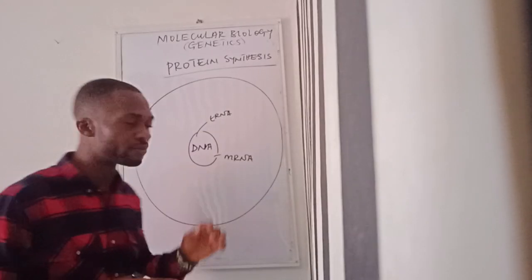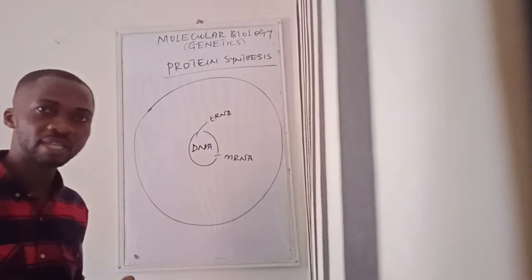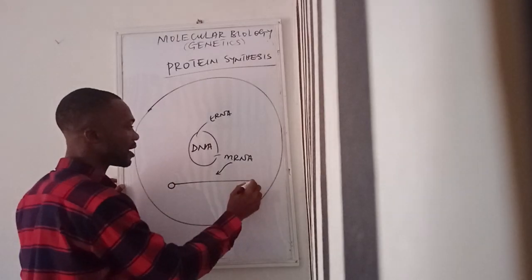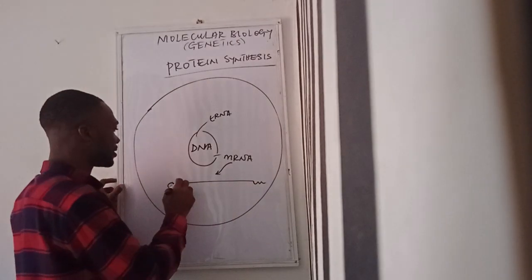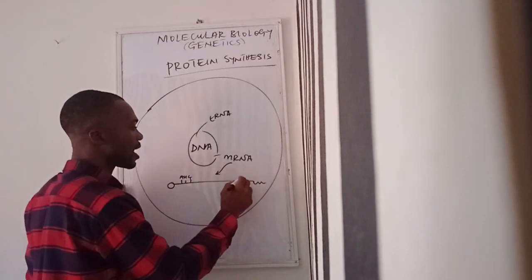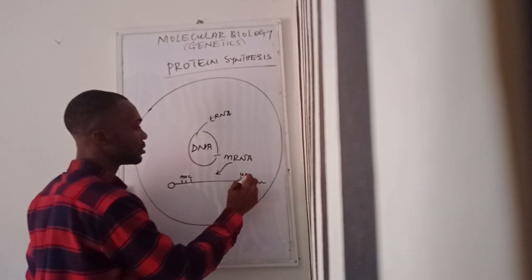I will quickly tell you the function of these two different types of RNA. So what happens is that the messenger RNA comes. I've already given you the structure of the messenger RNA, having a cap and a tail, and of course AUG and UAA.